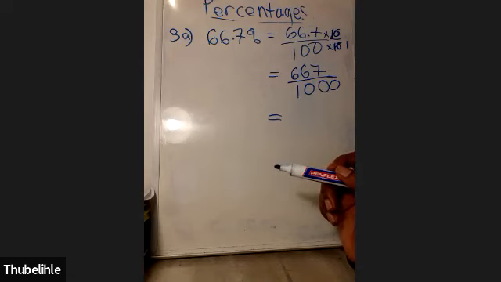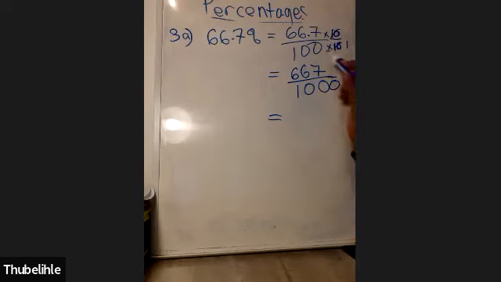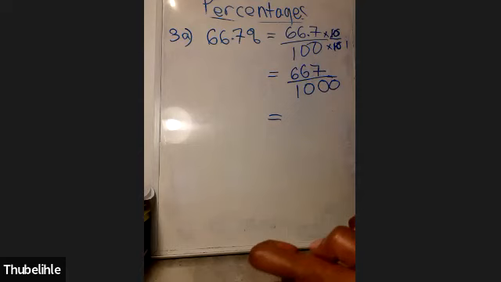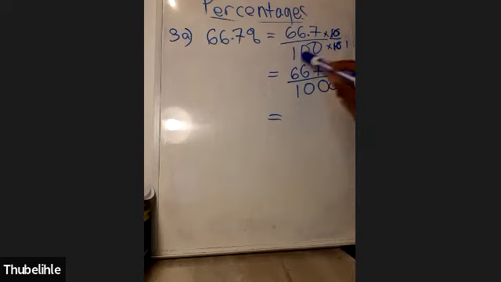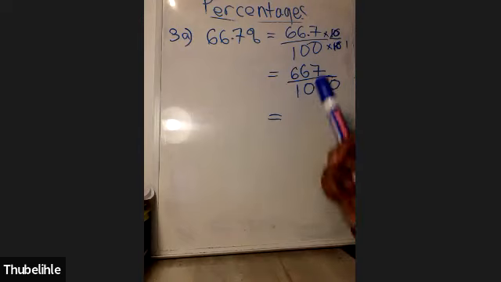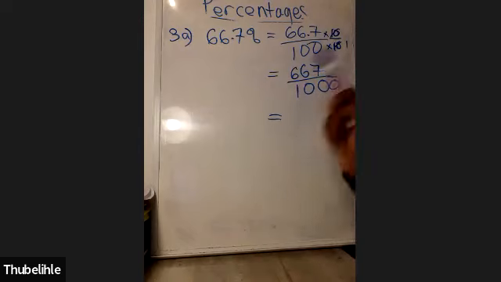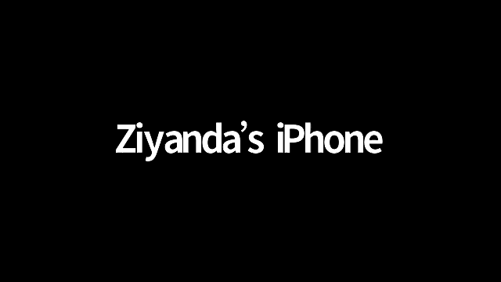Okay, so it seems like this is actually the fraction because there are no common factors between 667 and 1,000. 2 can't go in, 3 can't go in, 4 can't go in, 5 can't go in, 7 can't go into both of them. So this is it.